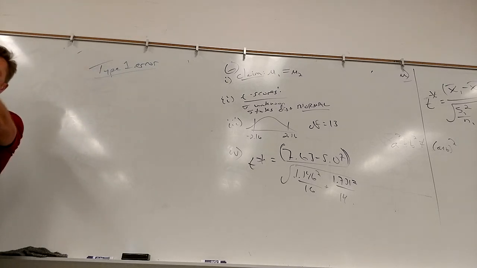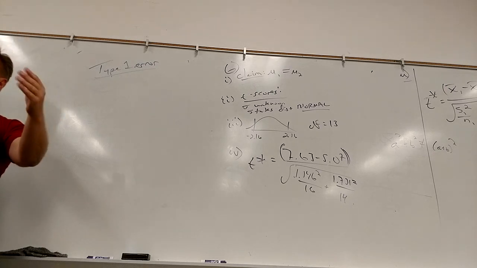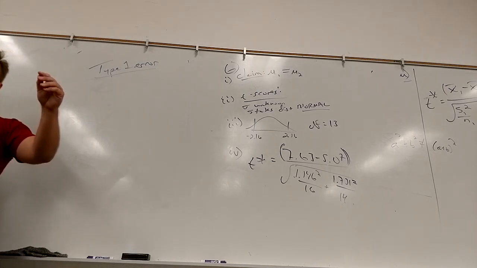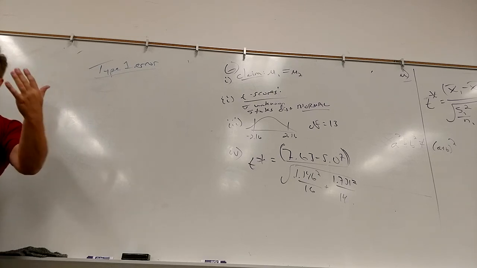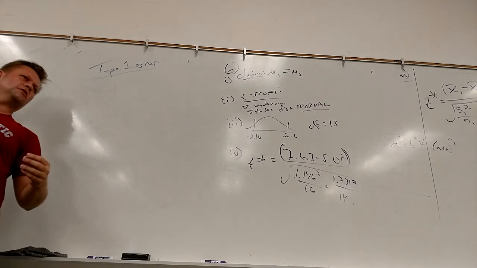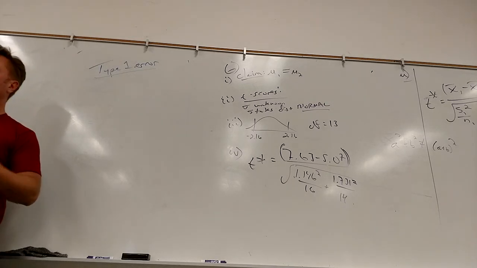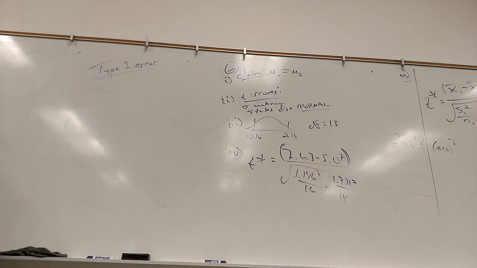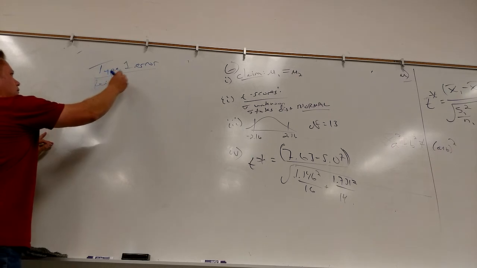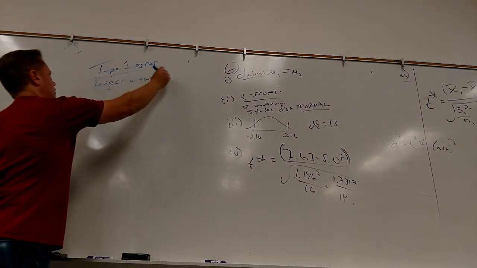Yeah, reject a true H0. Think about it. That's obviously a mistake, right? That's an error. If the H0 is true but I reject it, that's a mistake I made. There's no way in general I can know that is a mistake, but that is a type of mistake I could have made. So reject a true null.